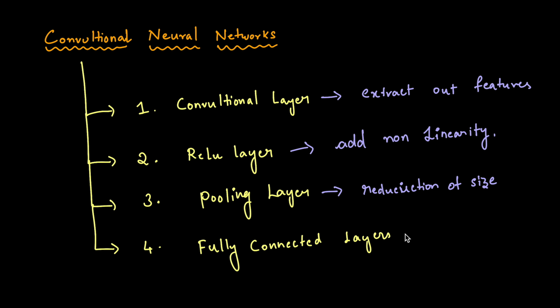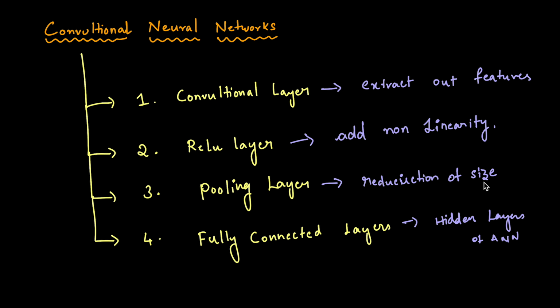And then finally, we'll be having these fully connected layers, which are similar to hidden layers in case of ANN. So you can think these fully connected layers and hidden layers in ANN are the same. So these are all the different layers that are involved in building a convolutional neural network, that is CNN.